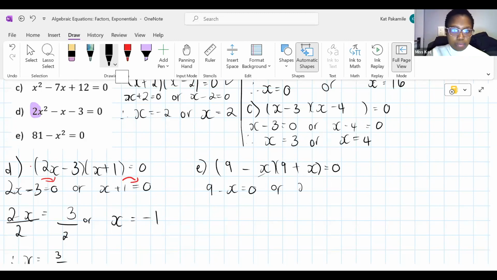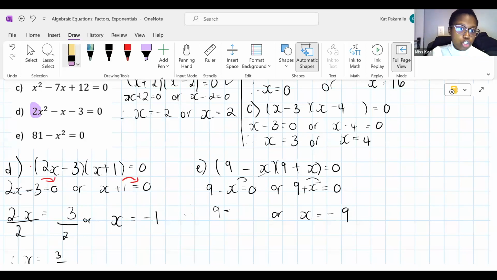And then x equals -9 and x equals +9. Okay, if we take the x over the side, you're going to be left with 9 equals x. And if you take the 9 over that side, you're going to have x equals -9. Thank you very much. That was not that bad.